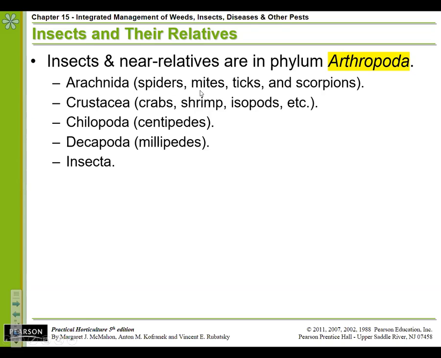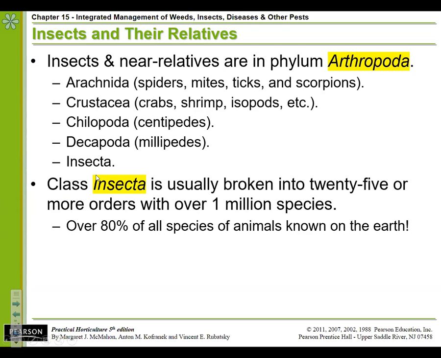Although most of the other things, the spiders, are predators, right? So we don't necessarily want to destroy the spiders, but we need a particular type of pesticide, a miticide, to control mites. An insecticide is not going to control them.